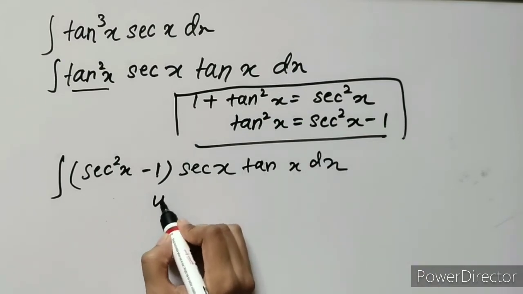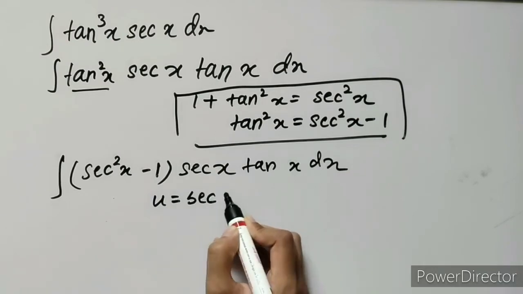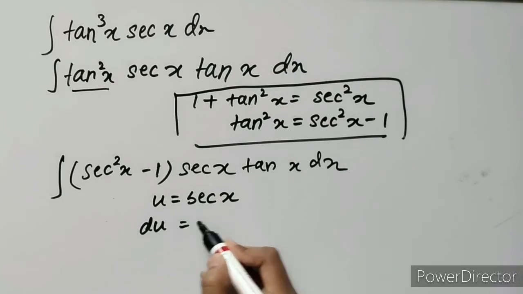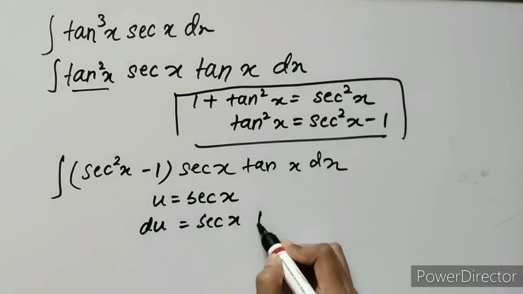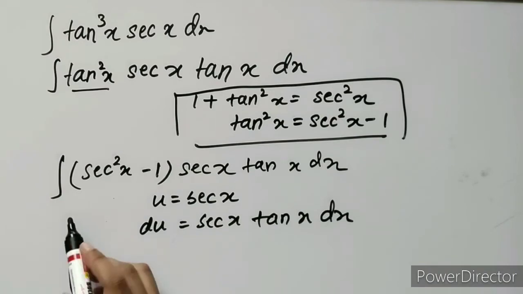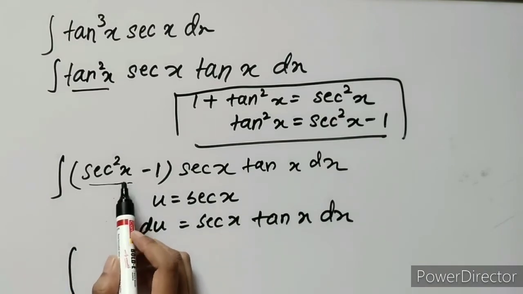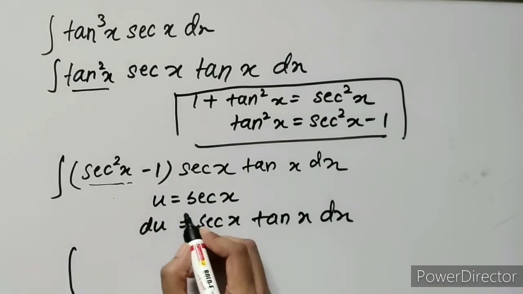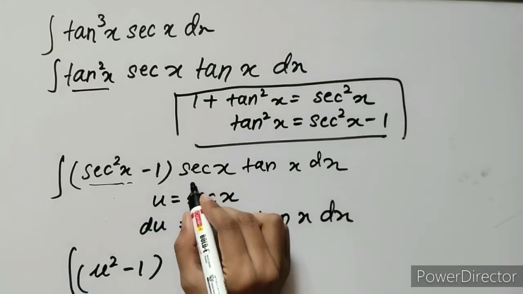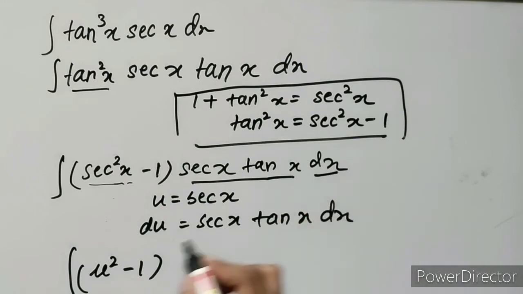Now I will take u is equals to secant x, and when I differentiate it, it will be du is equals to secant x tan x dx. Now the secant square x minus 1 will be u square minus 1, and secant x tan x dx would be du.